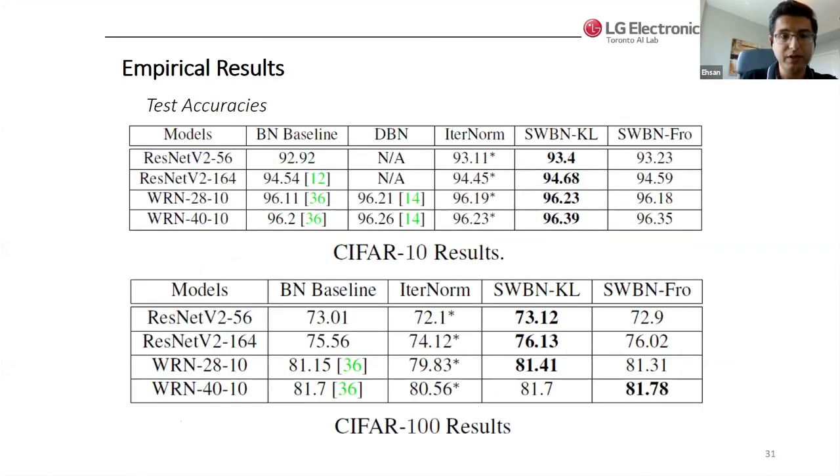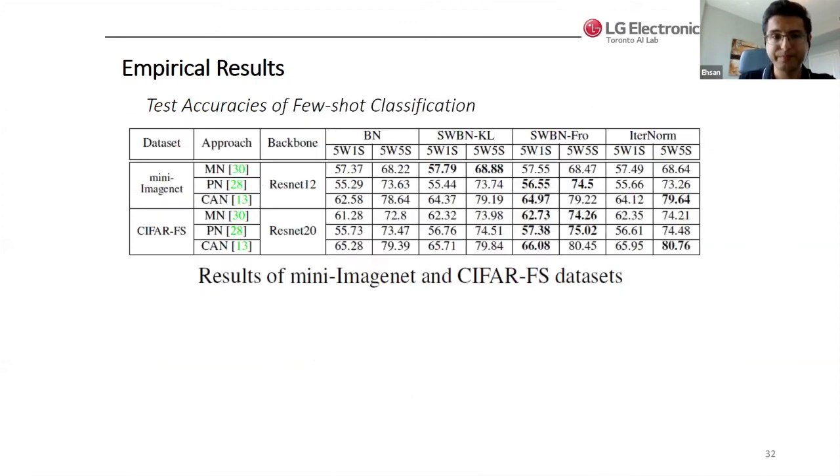In terms of test accuracies, on both CIFAR 10 and CIFAR 100 datasets, you can see that SWBN KL is doing better than ITER norm, DBN, and also the baseline batch normalization. Also for CIFAR 100, we have improved the test results as well.